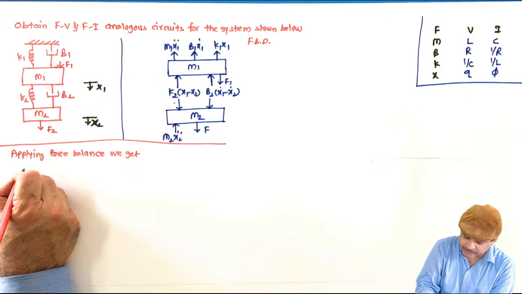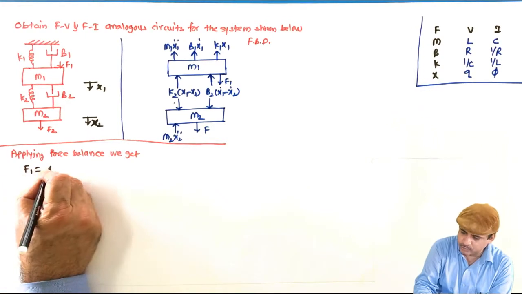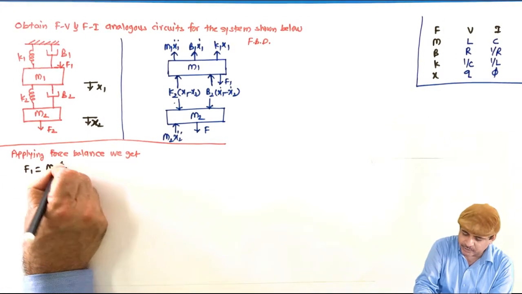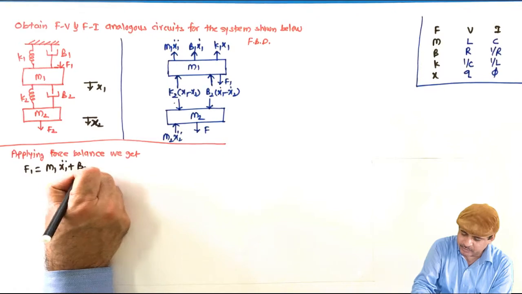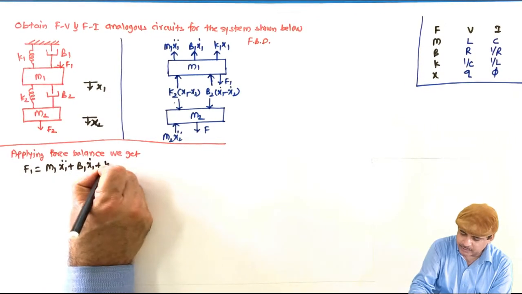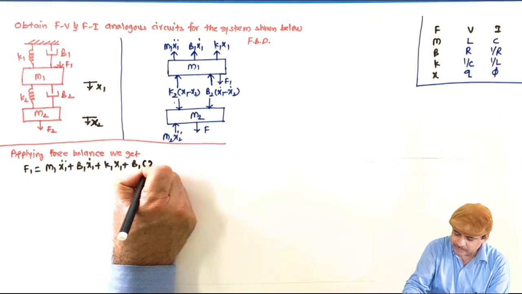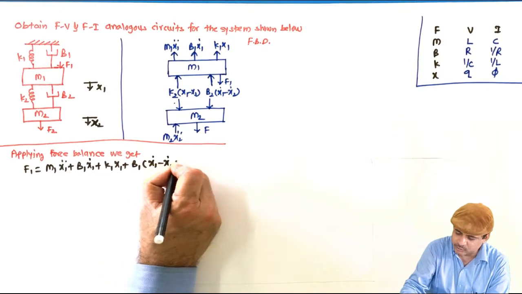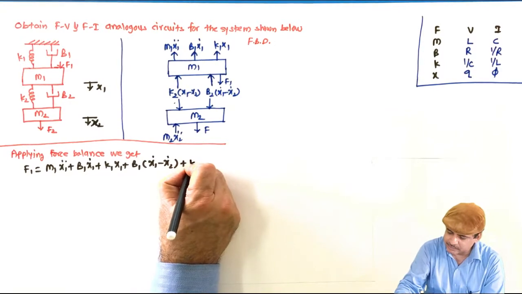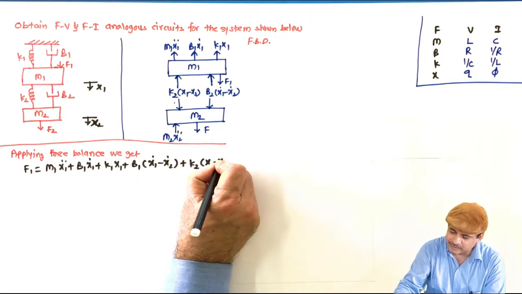So F1 is equal to M1 x1 double dot plus B1 x1 dot plus K1 x1 plus B2 (x1 dot minus x2 dot) plus K2 (x1 minus x2).